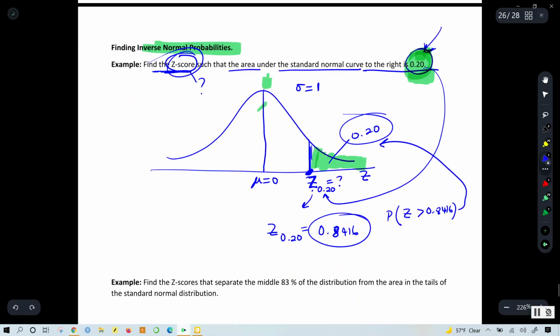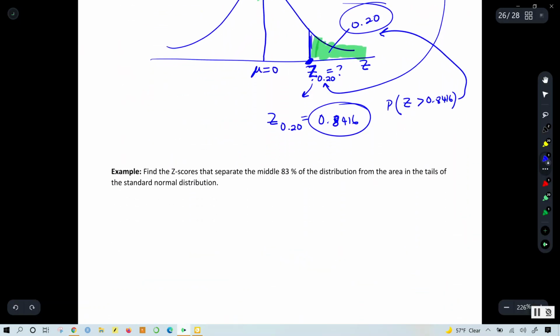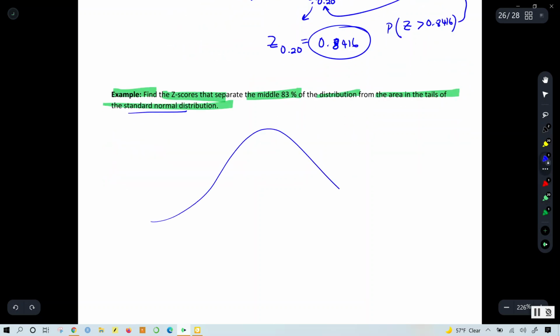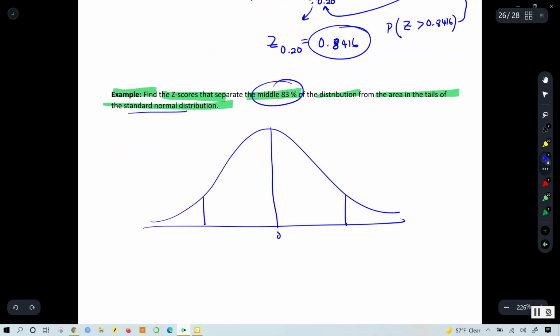With that done, we proceed to the next example. In this example, we have to find the z-scores that separate the middle 83% of the distribution from the area in the tails of the standard normal distribution. Since it's the standard normal again, I can draw this. I have 0, and I want the middle 83%.